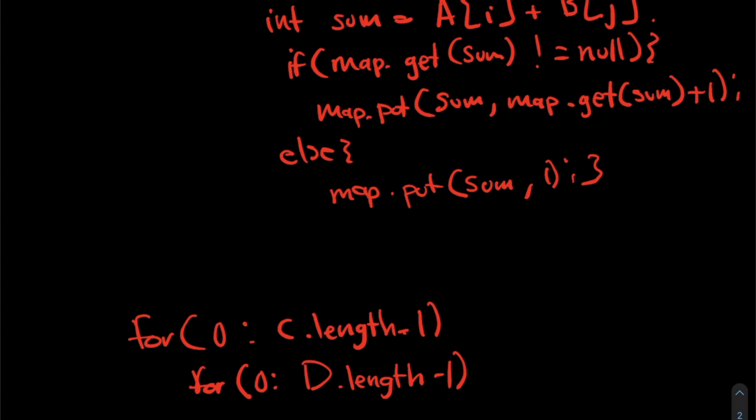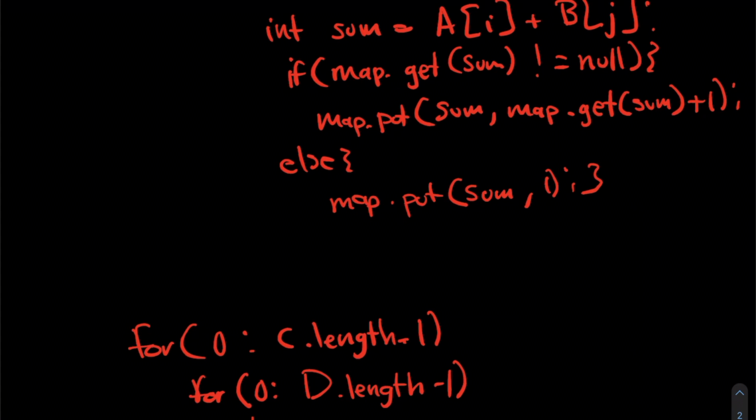And we're going to do the same thing we did with the other one: int sum is equal to c of k plus d of m, right?